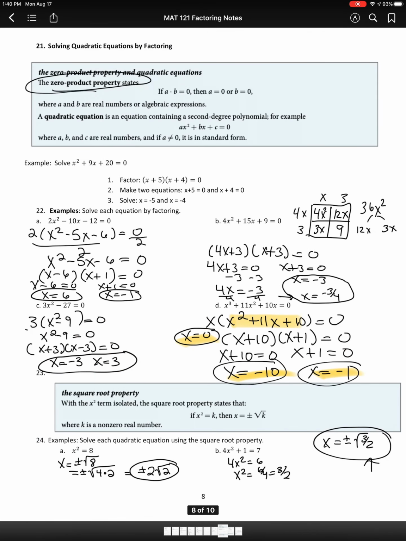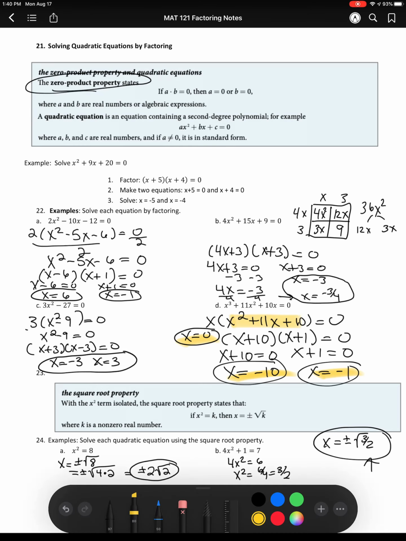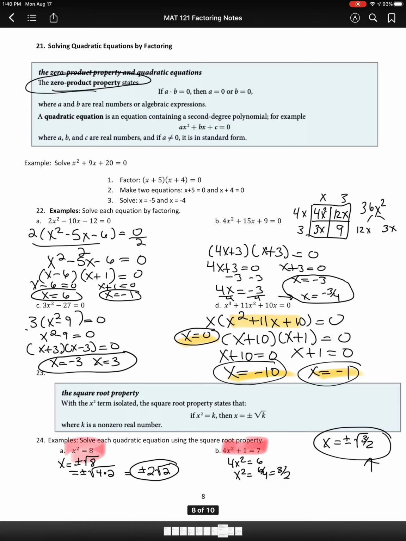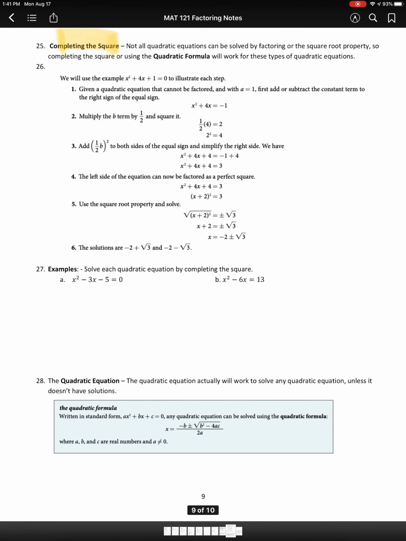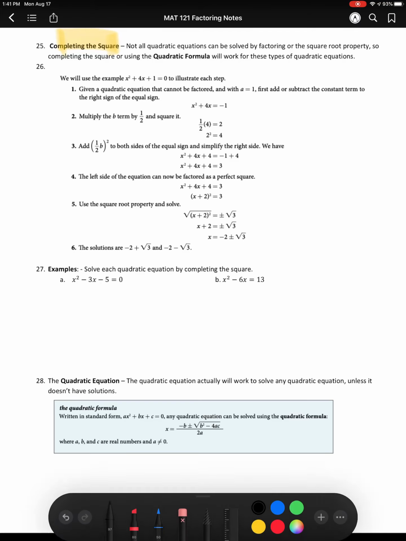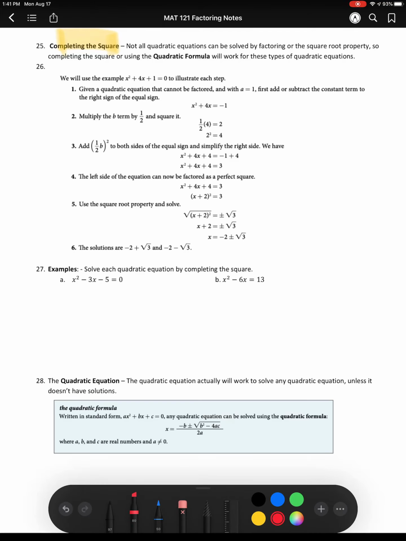Notice these two, they're missing that middle term. So using the square root property is probably the easiest way. But if they don't factor and they have a middle term, then we either need to use completing the square or the quadratic formula for those.